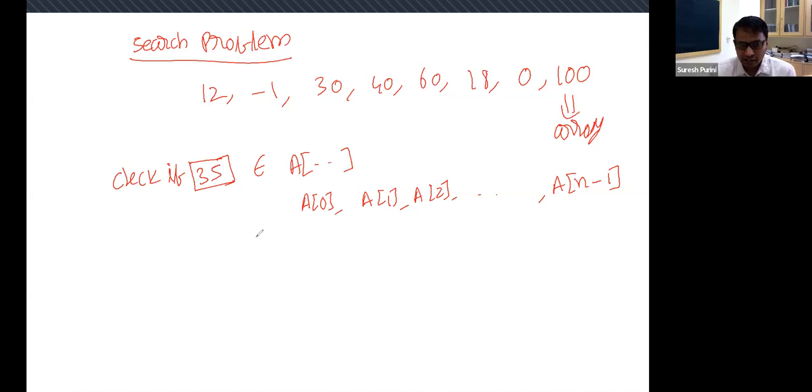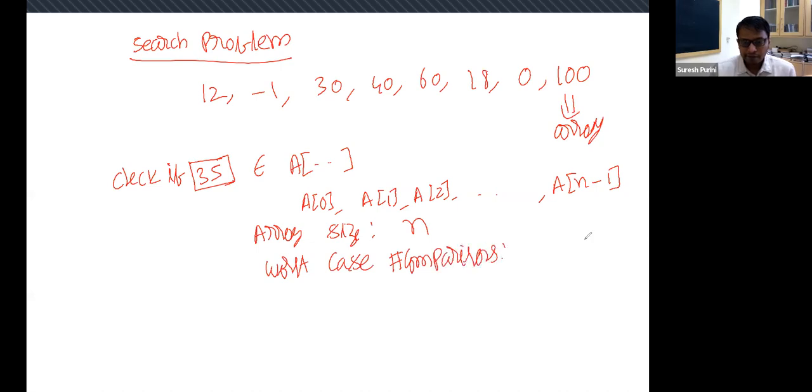So the worst case is the case when the element is not present, and you have to go through the entire list. Worst case comparisons is n.